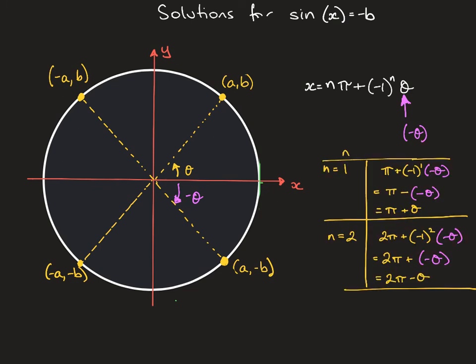So I've calculated two of the answers for n equals 1 and n equals 2. When n equals 1, one of the solutions is pi plus theta. So we go around pi plus theta. So that's giving us this solution here. When n is equal to 2, and I'm using this minus theta, you get 2 pi. This gives us a positive value. So we've got 2 pi plus negative theta, which is 2 pi minus theta.